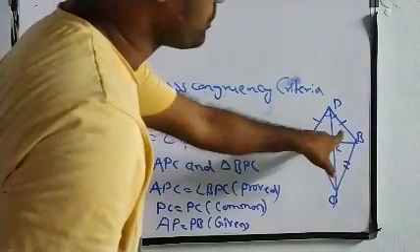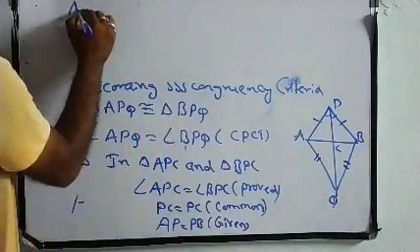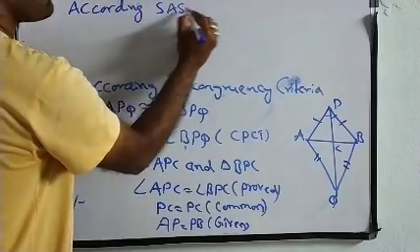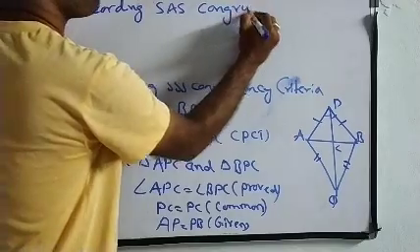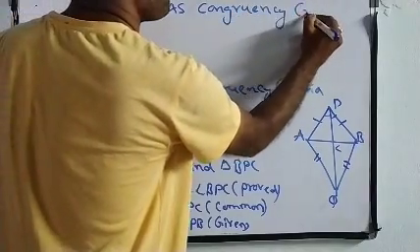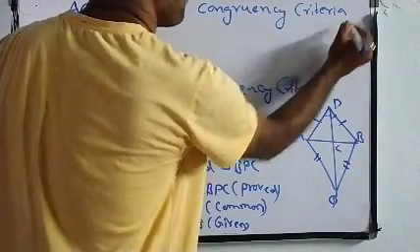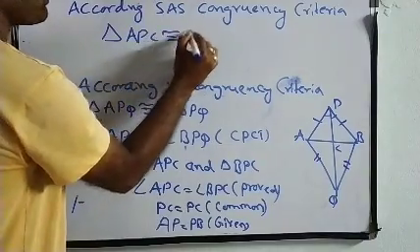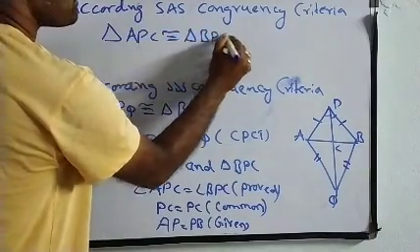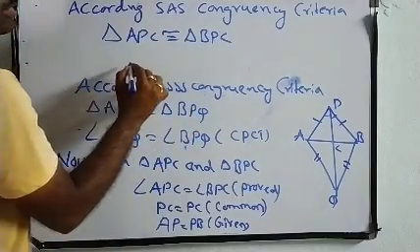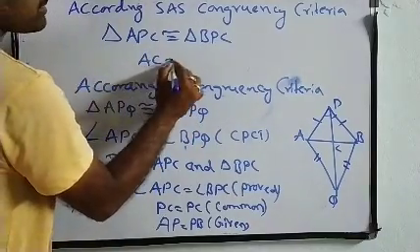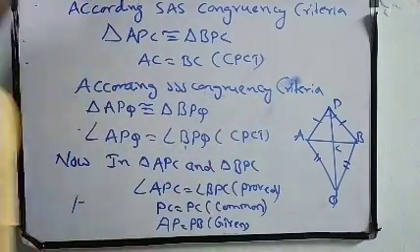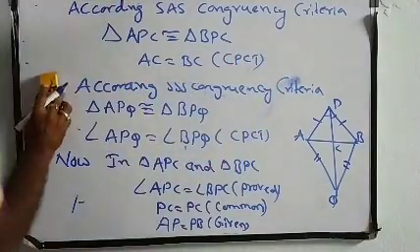So here we have two sides and the included angle. We can use the side angle side congruency criteria. We can say that triangle APC is congruent to triangle BPC. So according to CPCT, we can write AC is equal to BC. This is the first proof that we needed.